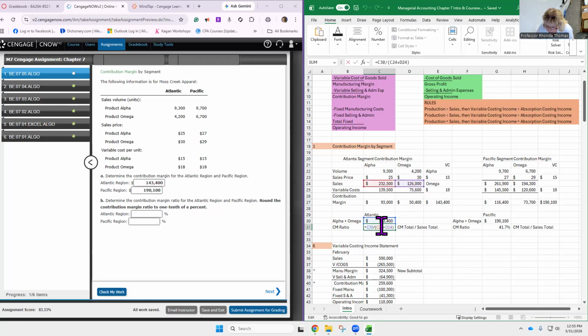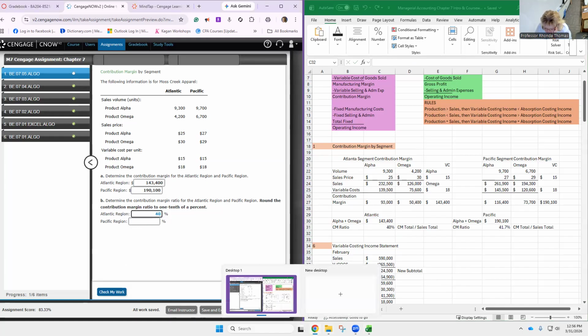So this is sales, and here's the contribution margin divided by both of these, right? And that's 40%. So 40% is Atlanta. And now we're going to look at Pacific region.